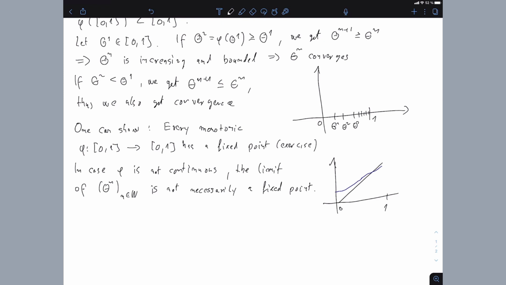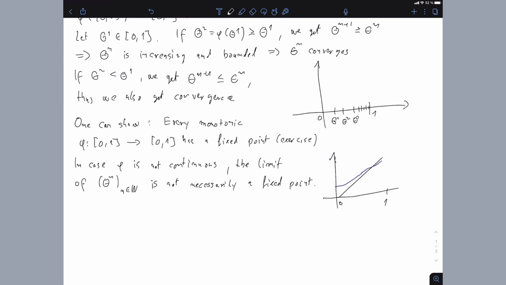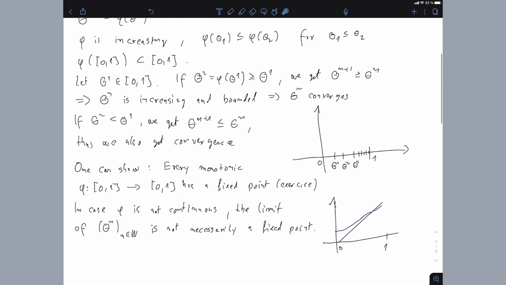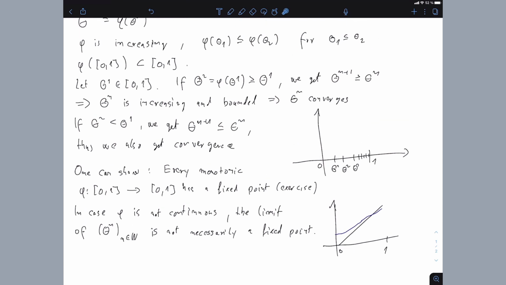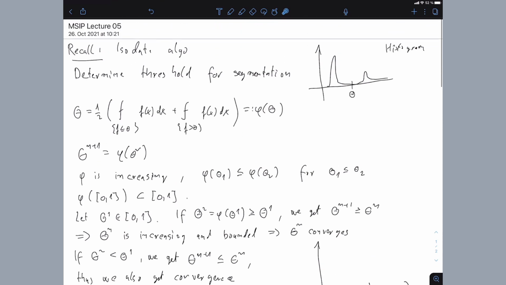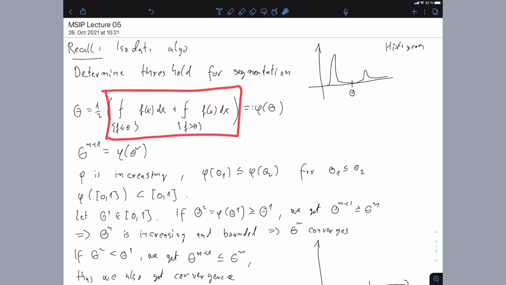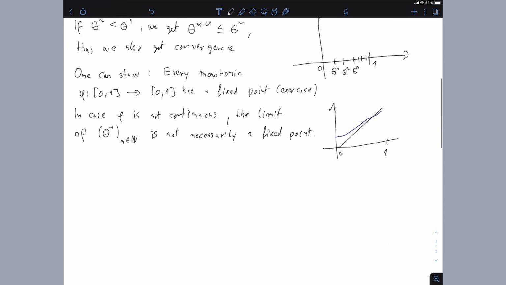And one remark on how to actually compute this, because if you would use this formula to compute it, you would always have to compute these integrals or sum over, so determine these super and sub-level sets and sum over all the corresponding pixels. And there's a simpler or more efficient way to do this by using the histogram. And let me show you how that works.